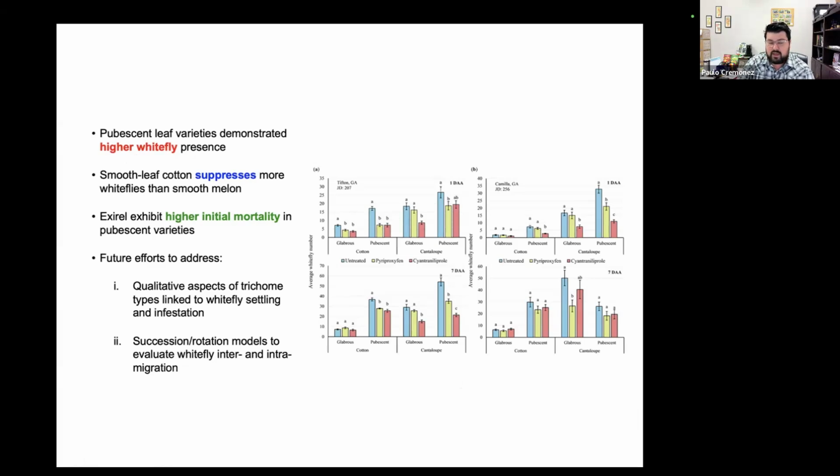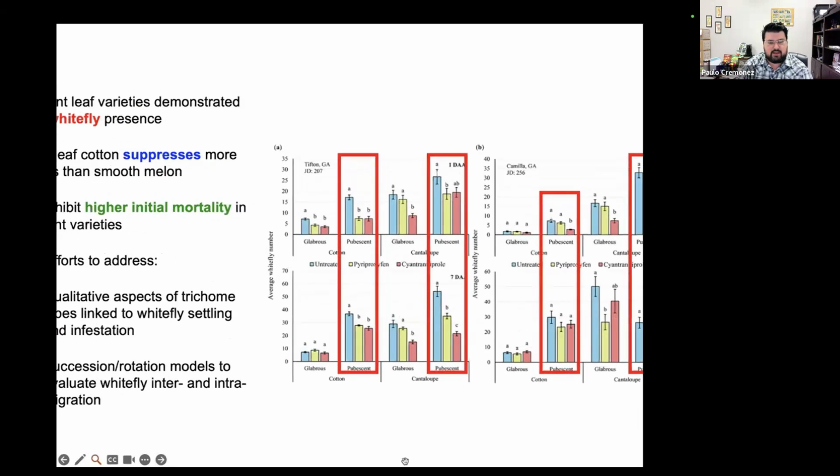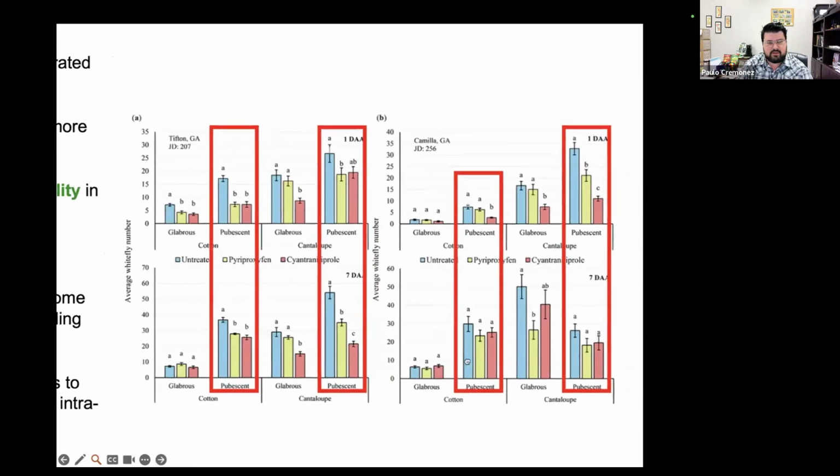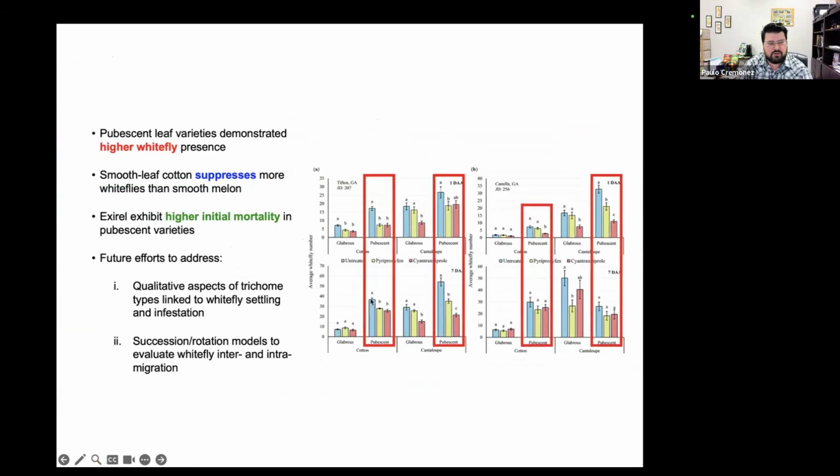That seems to happen the opposite way with tomatoes, because tomatoes release a lot of chemicals that will deter whitefly populations. Just highlighting here a little bit on the pubescent, the number of whiteflies present was generally higher than on the leaves that were smooth.